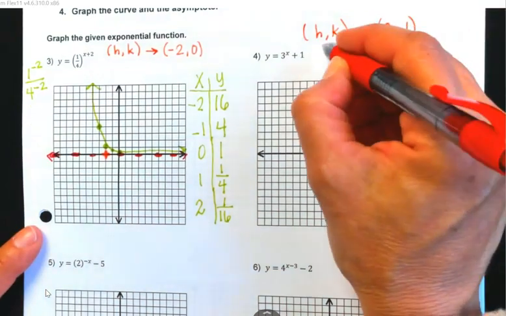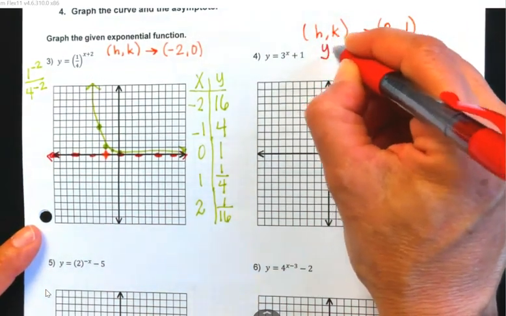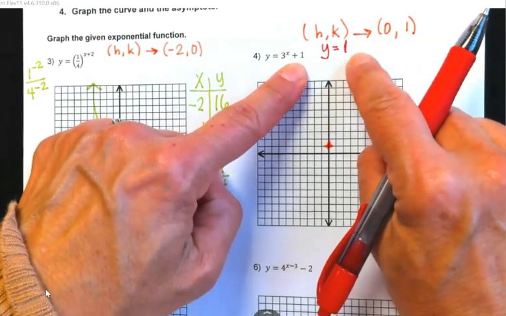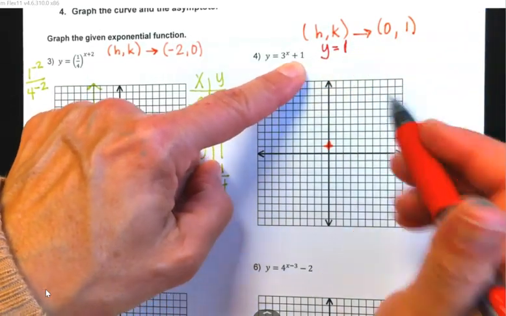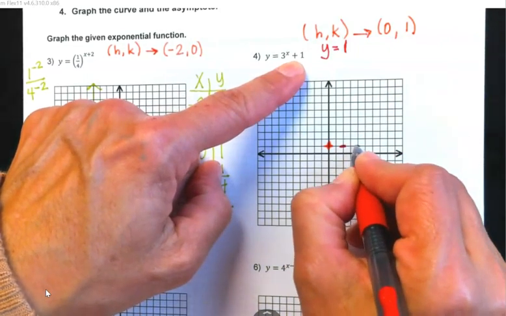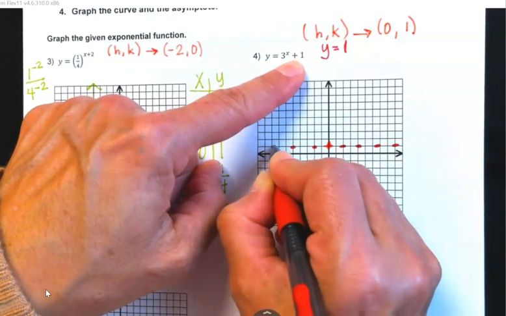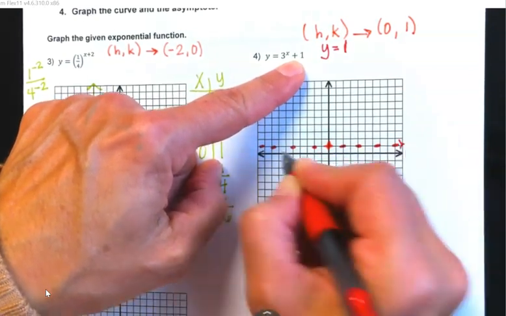Also remember, we have a horizontal asymptote at y equals 1 because we had a K value of 1. Your horizontal asymptote is always going to go through what we're calling our new origin, our new starting point.